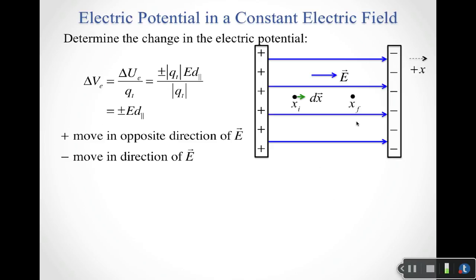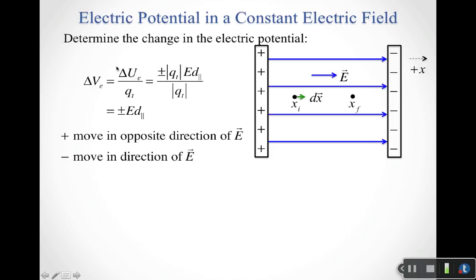We can talk about exactly the same sort of things when we're talking about how we're changing the electric potential. Now again, the electric potential doesn't care about what charge you're moving around in it. It only cares about what's going on with the electric field that's caused by your source charge distribution.